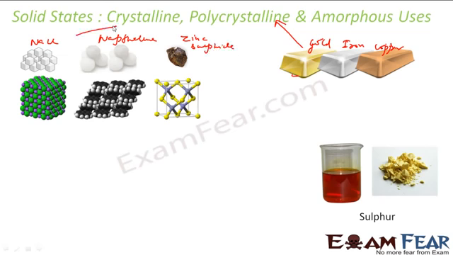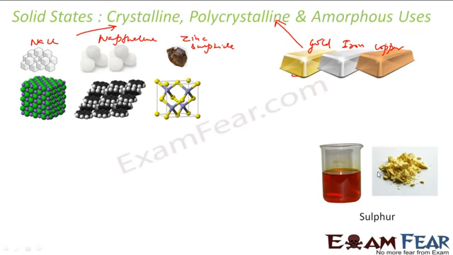Sodium chloride, NaCl, you know, is common salt. Naphthalene is used for aroma in bathrooms and cupboards. Zinc sulfide is used in cathode ray tubes. They have crystal structures. We'll talk about these structures in detail in the next few slides. And sulfur exists in all three forms. Silicon also exists in all three forms.